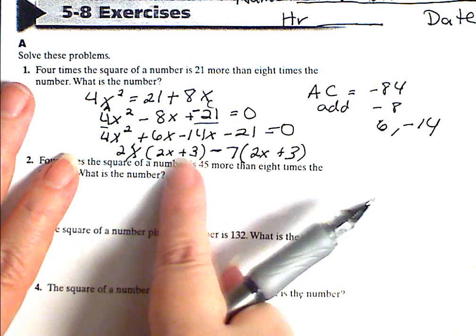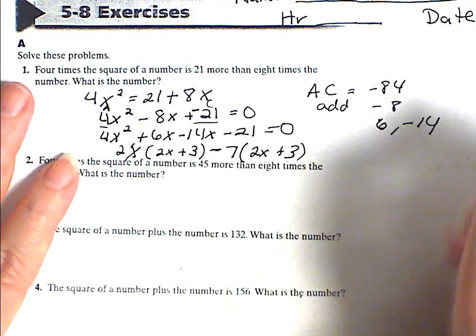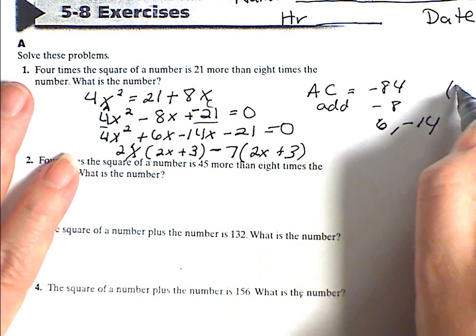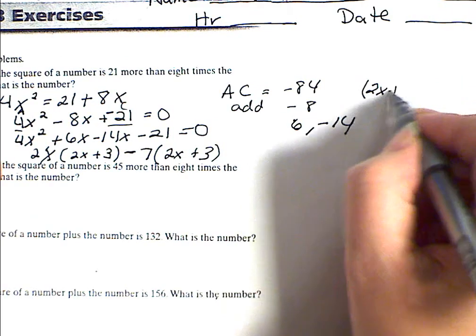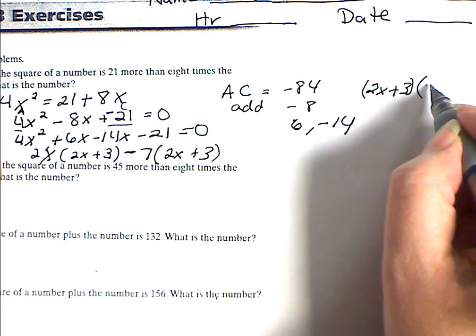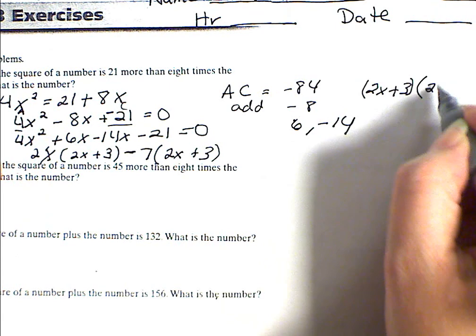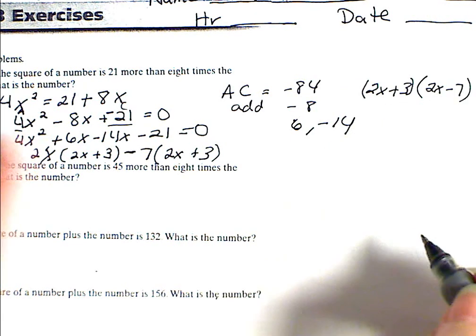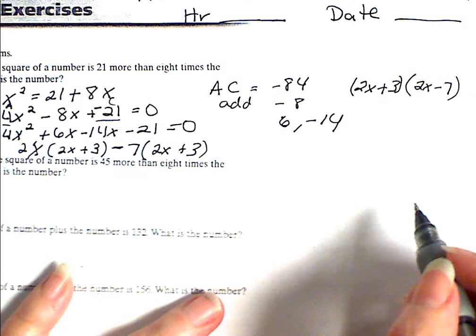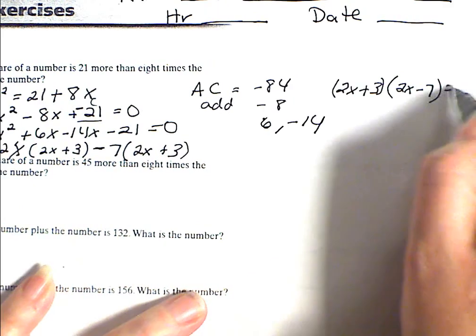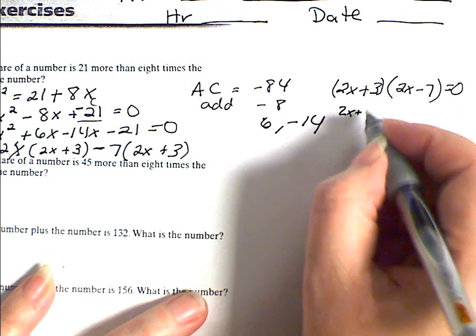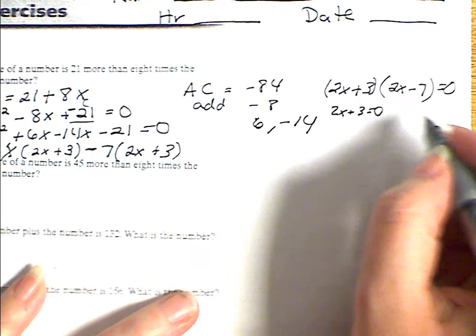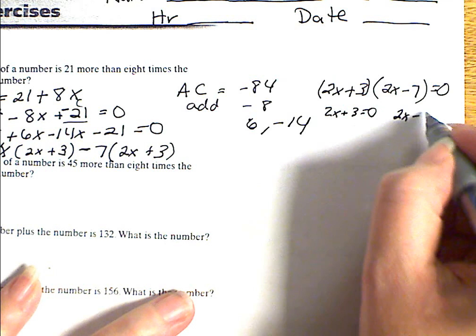Alright, so what we have in common is 2x plus 3, and what's left is 2x minus 7. Now, these are still, remember, equal to 0. So we have to set this equal to 0, and then your 2x minus 7 equal to 0.